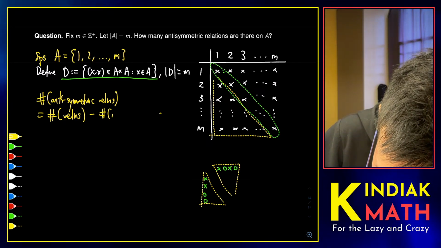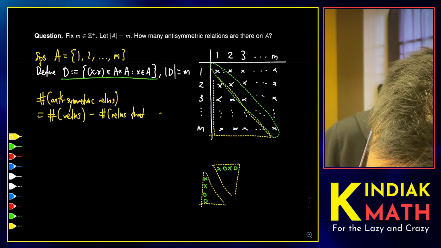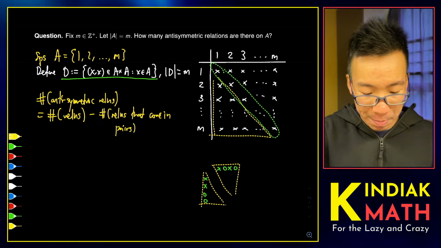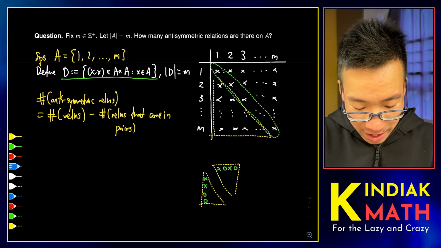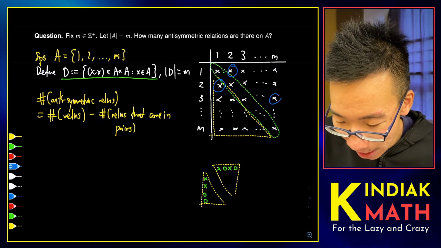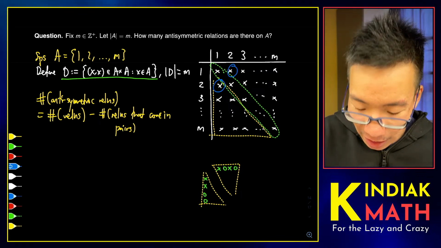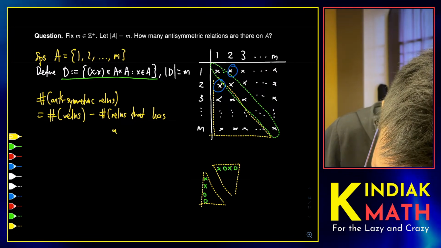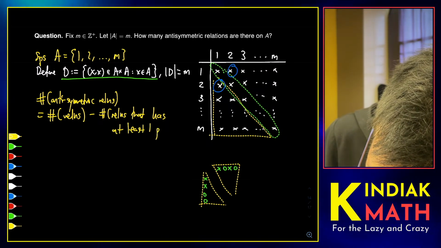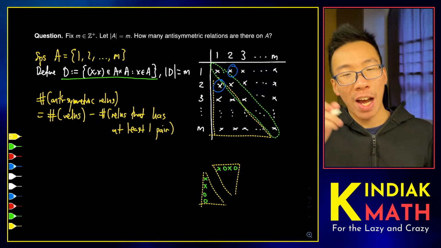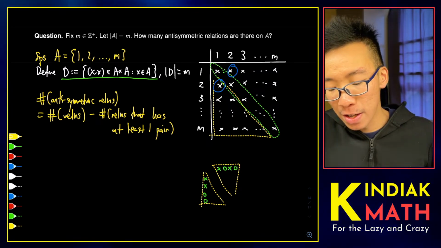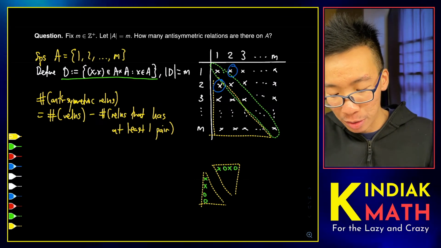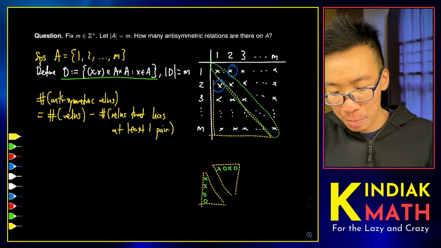The number of relations that come in pairs. For example, I do not want to include relations that have these kind of elements. That has at least one pair. The moment I have a relation that has at least one pair, it's out of the window for me. It's totally out of the window for me.